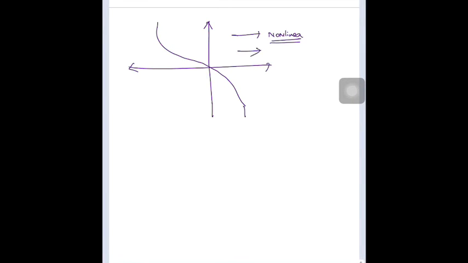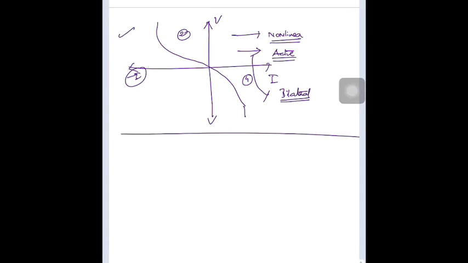Active or passive? Yes, your guess is correct. It is active. Why? Because it is in the second and fourth quadrant, in which V is positive, I is negative, and here I is positive, V is negative, so the product P is negative. Bilateral or unilateral? Bilateral, since both 2 and 4 are the same, right? Yes. And we'll solve one more question.